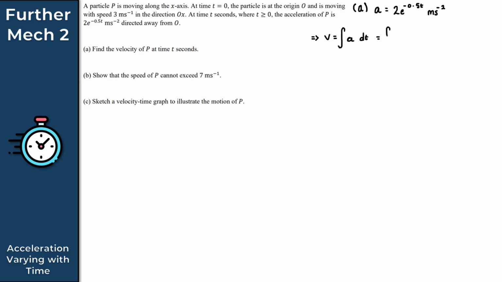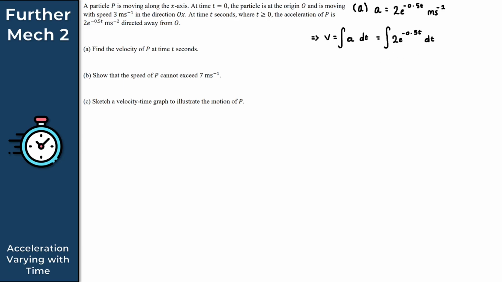So that is the integral of 2e to the minus 0.5t, integrating with respect to t.